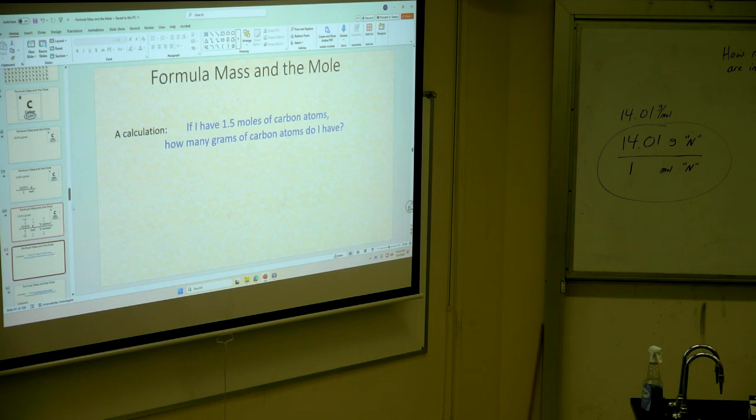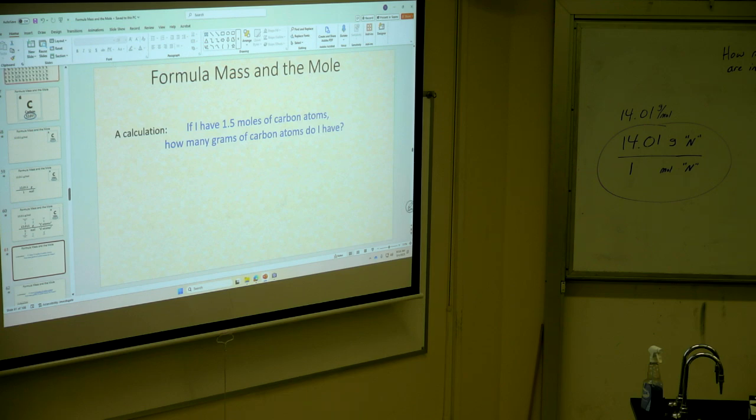All right. So now, if I have 1.5 moles of carbon atoms, how many grams of carbon atoms do I have? Now you'll see why I was pointing out that in those earlier calculations on this PowerPoint, there's a spot where there should be units where there weren't any.